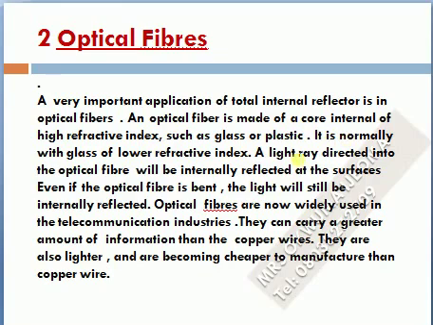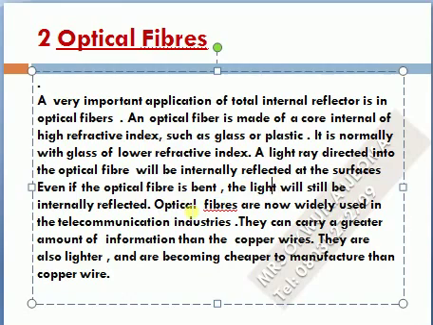It is normally coated with glass of lower refractive index. Here a light ray directed into the optical fiber will be totally internally reflected at the surface. Even if the optical fiber is bent, the light will still be totally internally reflected.